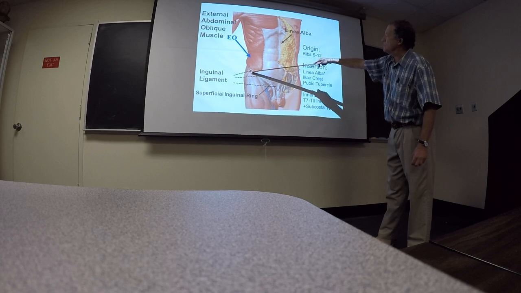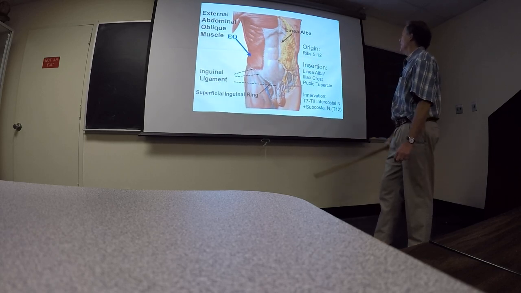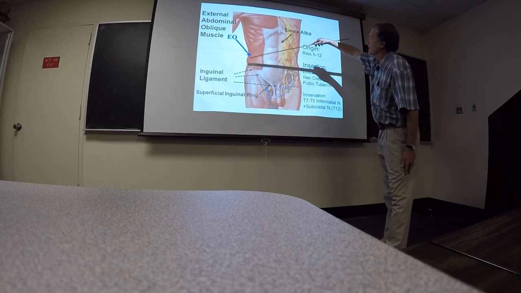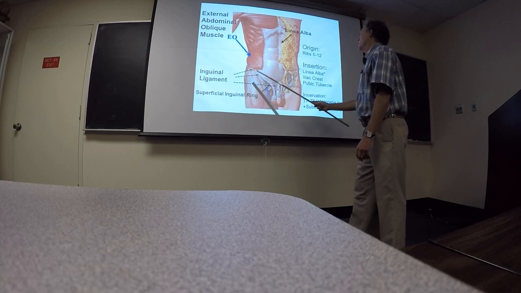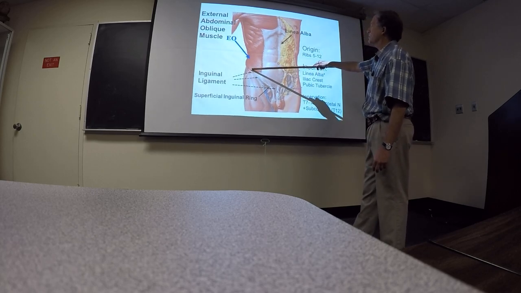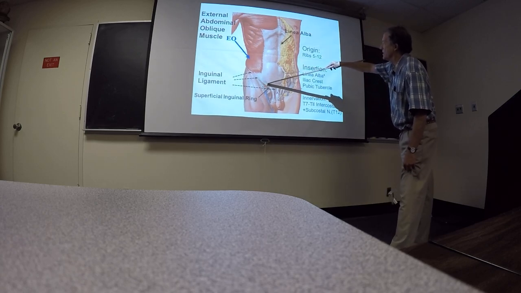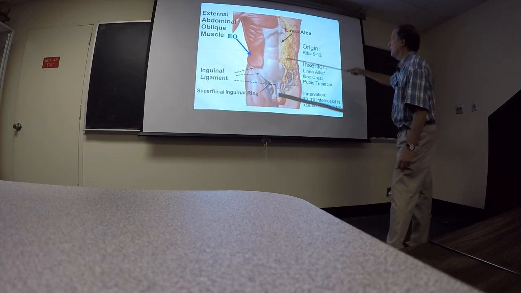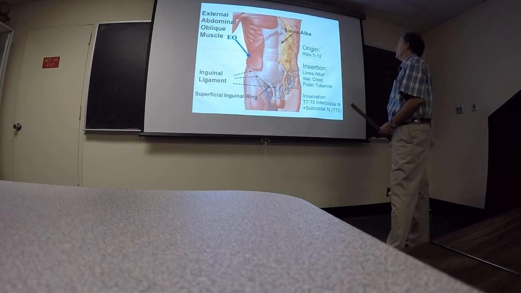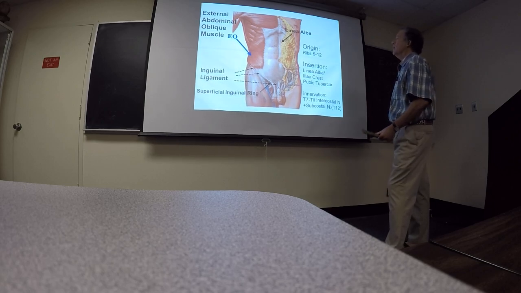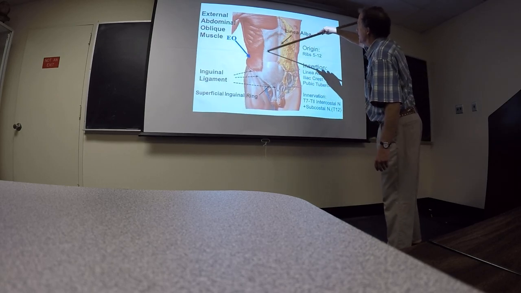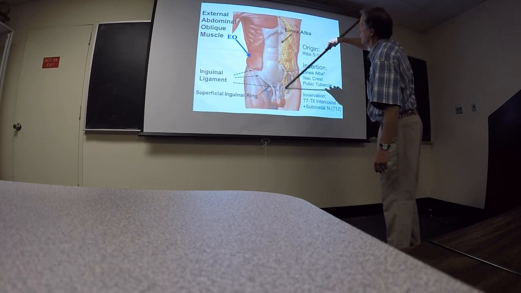And then there's a big insertion here on the anterior superior iliac spine. And then the aponeurotic part of this stuff comes all the way down and goes to the pubic tubercle. These muscular fibers go into here. They don't have any particular name.